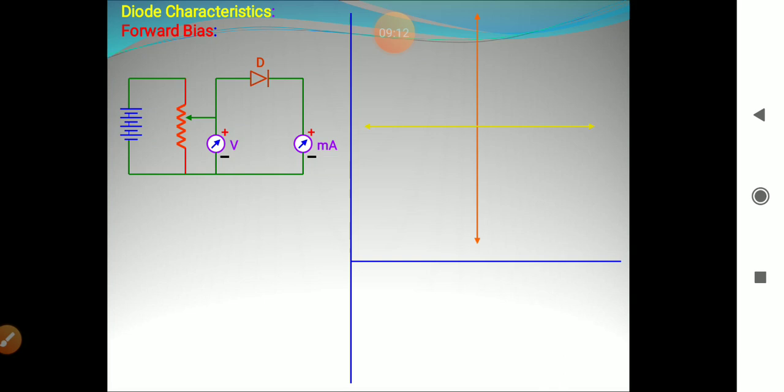A milliammeter is connected to it, and you see the current rises sharply, of the order of milliampere. The forward bias at which the current starts to rise sharply is called knee voltage.